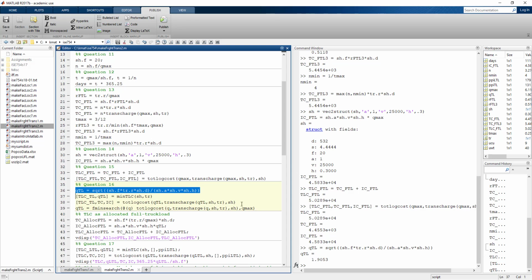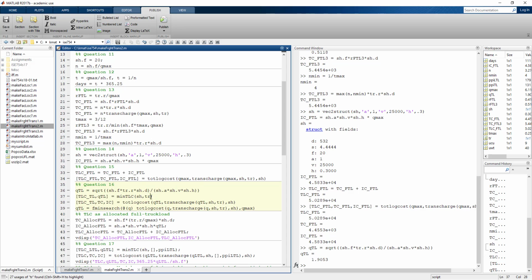That same calculation, again, because it's such a common thing, there is a MATLAB function called min TLC. And just like with the trans charge, if we specify, in addition to the shipment structure, just the truck structure, then we get the truckload total logistics cost.